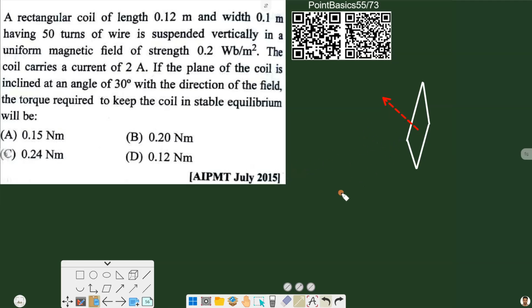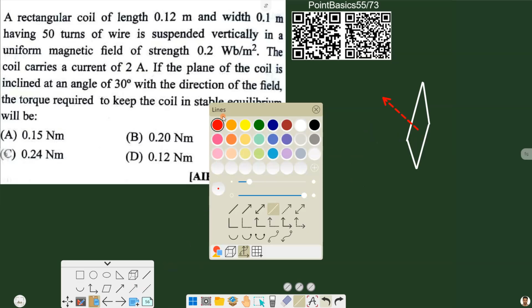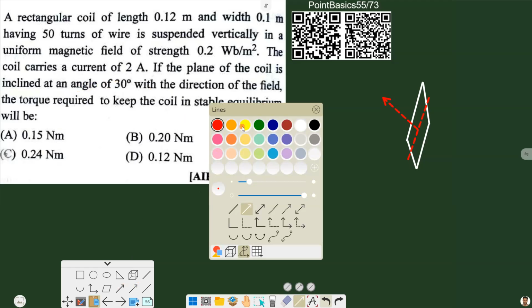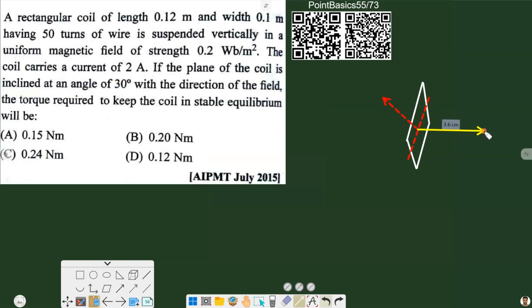And the plane of the coil is something like this. This is the plane of the coil. Now, as mentioned, the plane of the coil is inclined at 30 degree with the direction of the magnetic field. So if this is the direction of the magnetic field, then this angle, the inclination of the plane with the magnetic field, is 30 degree.